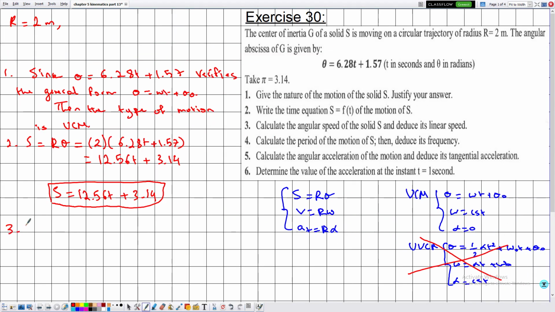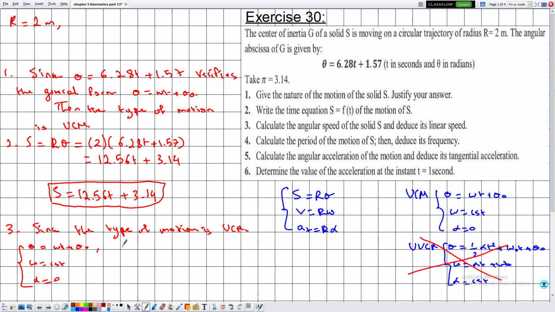Now in number 3 they are telling me to calculate the angular speed, which is omega. Notice that since the type of motion is UCM, theta is equal to omega t plus theta 0, omega is a constant, and alpha is equal to 0.